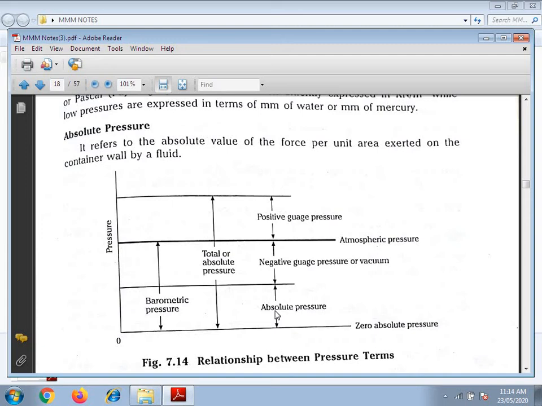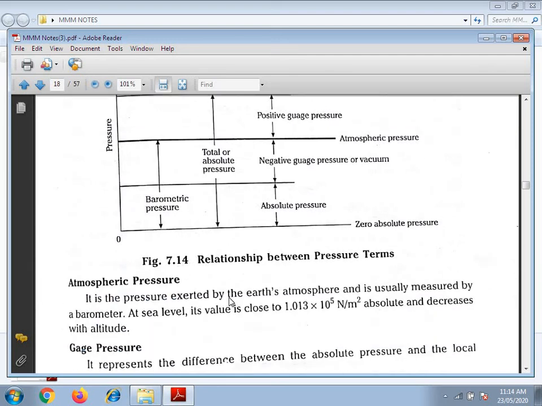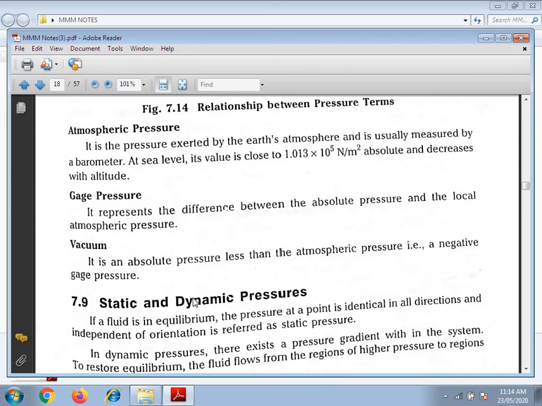Here it is absolute pressure, negative pressure, positive gauge pressure. This plus this itself is the absolute pressure or total pressure, we can say. This relation you know already. Okay, it is not required.